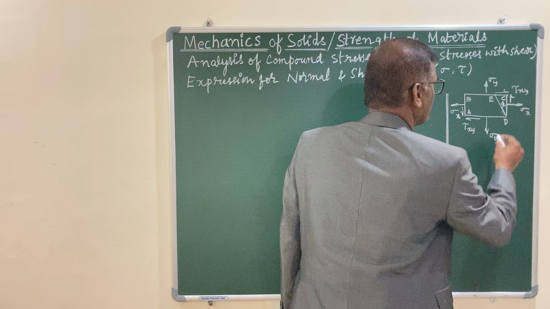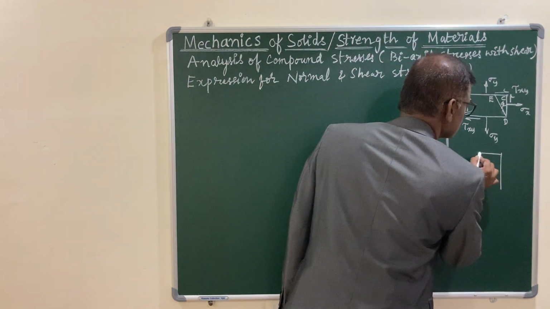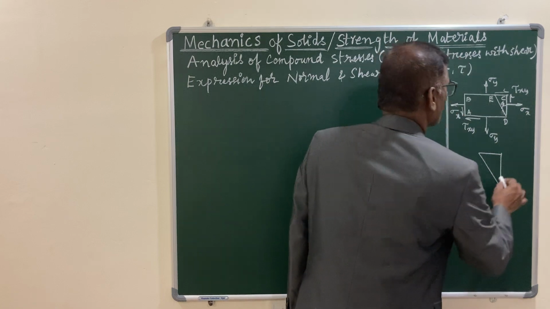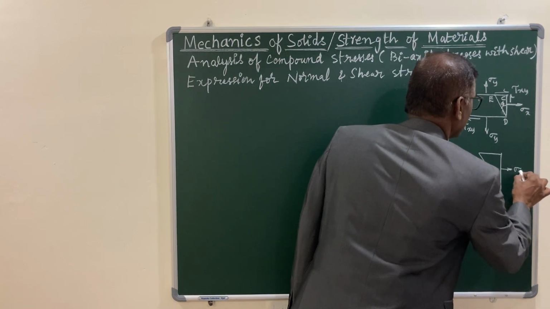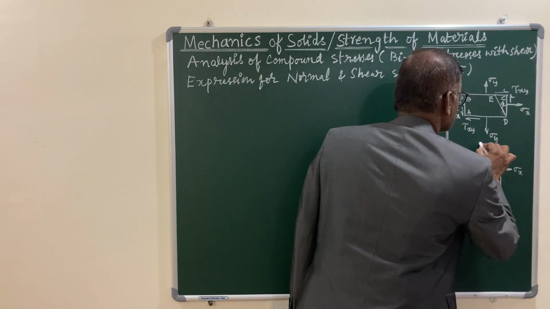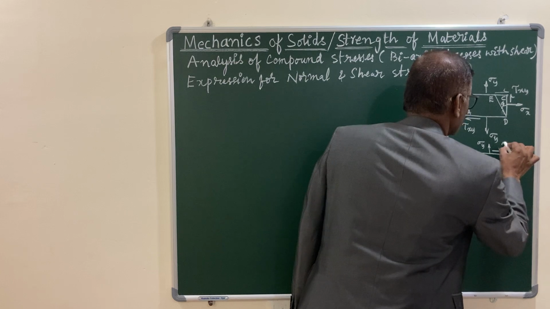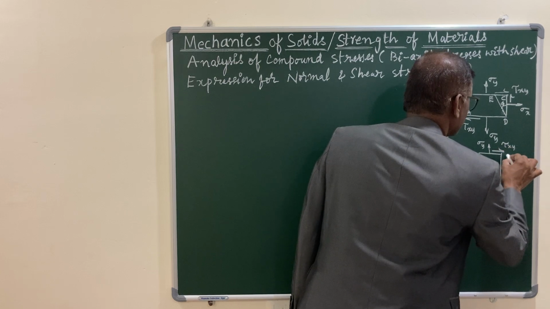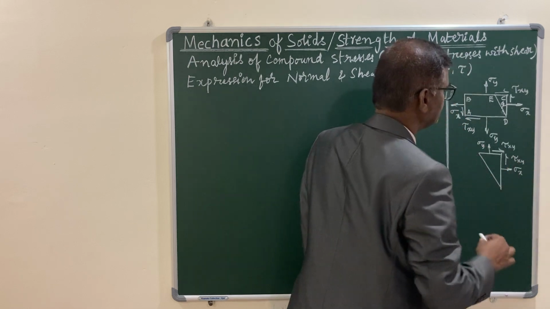Let me draw the magnified view of this particular element. Here you have sigma x, sigma y, and tau xy horizontal and tau xy vertical.